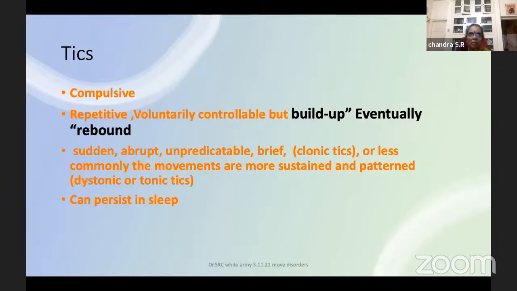That is called bottling the tics and releasing. They are sudden, abrupt, unpredictable, brief, and unlike chorea, they are repetitive. Chorea is non-repetitive and cannot be voluntarily controlled. Tics are repetitive, can be controlled, and can persist in sleep.